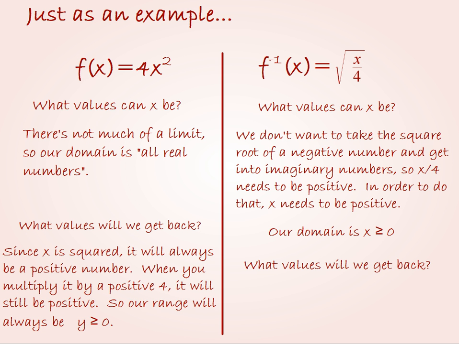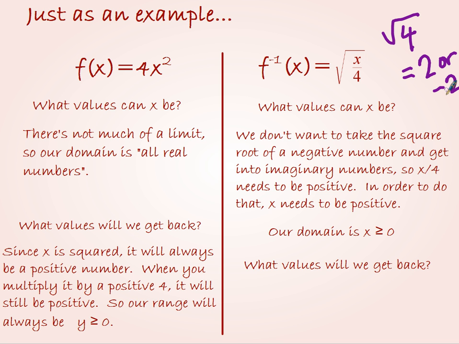What values will I get back out? If I put some of those positive values in for x and divide that number by 4 and take the square root of it, what am I going to get out in return? I want you to think of something really quick before you answer that though. If I take the square root of 4, for instance, I can have that be a positive 2, or I can have that be a negative 2.